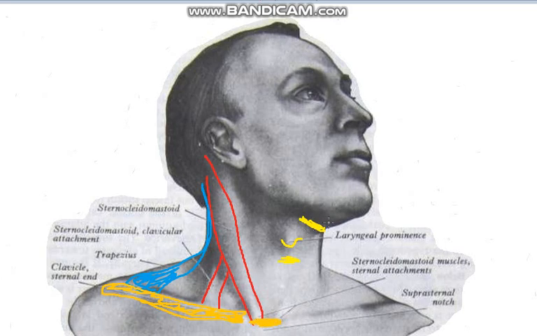So now you know where exactly the hyoid bone is situated, and from here we will go into the further details of the hyoid. Now let us try to draw the hyoid bone. If we make an attempt to draw the hyoid bone, it would probably look somewhat like this. This is the body of the hyoid bone that we are trying to draw.